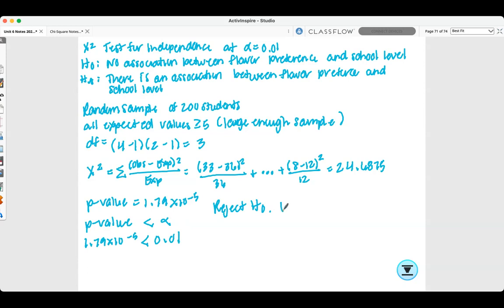There's enough evidence to suggest there is an association between flavor preference and school level.